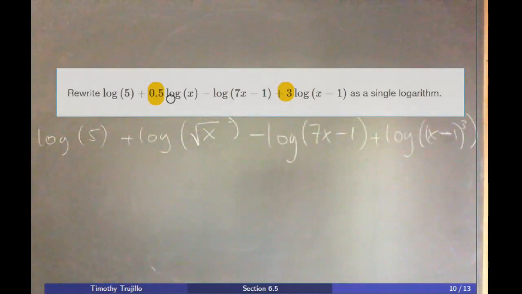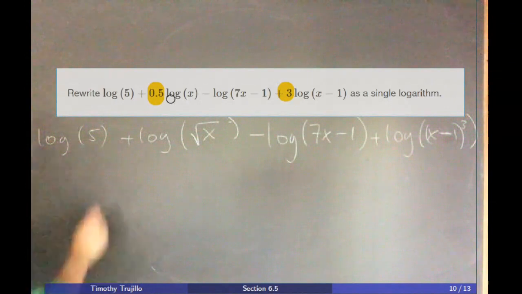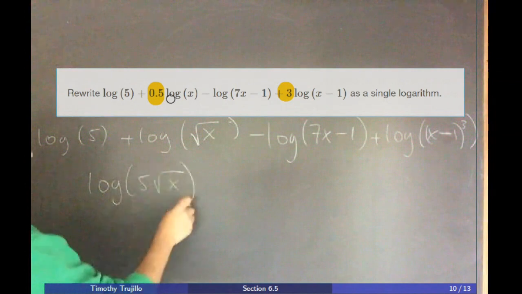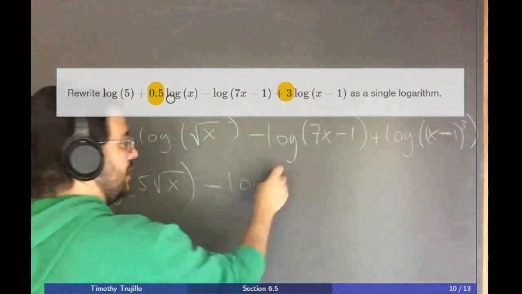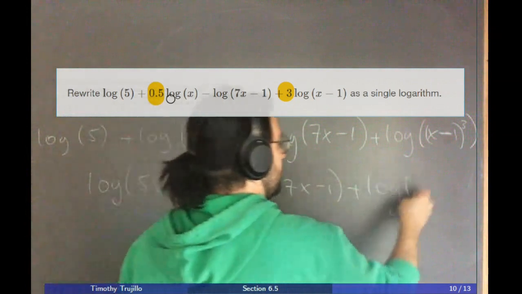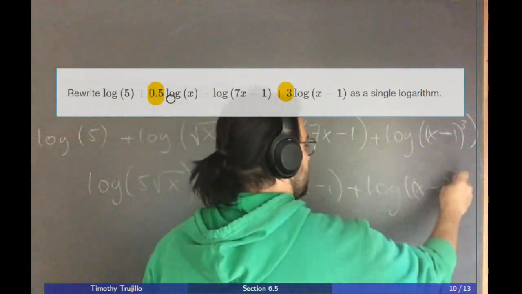Okay. And then now, combine these comes the log of 5 square root of x minus the log of 7x minus 1 plus the log of x minus 1 cubed.